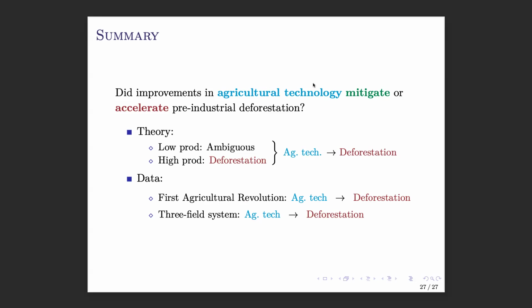Happy to take questions if people have them. Yeah, can you just give me some more intuition on the various forces? Suppose we double agricultural productivity, so the existing land can sustain twice as many people.